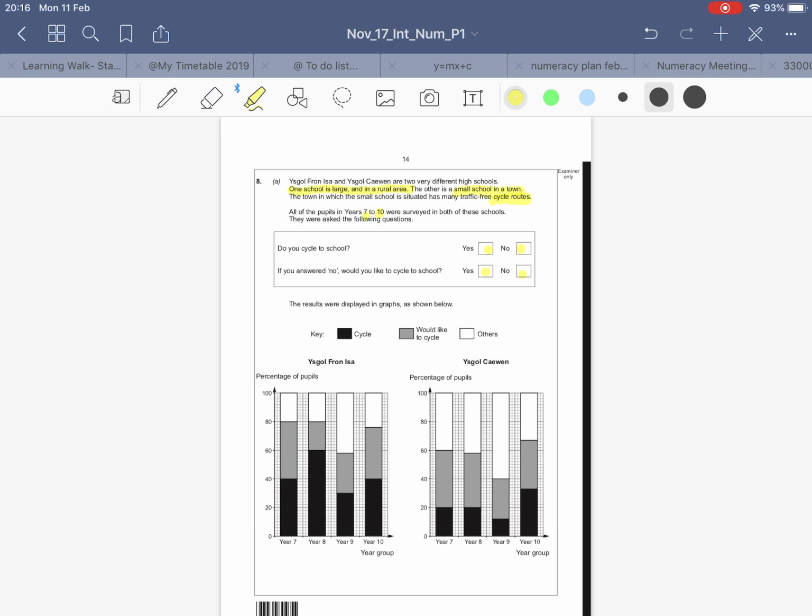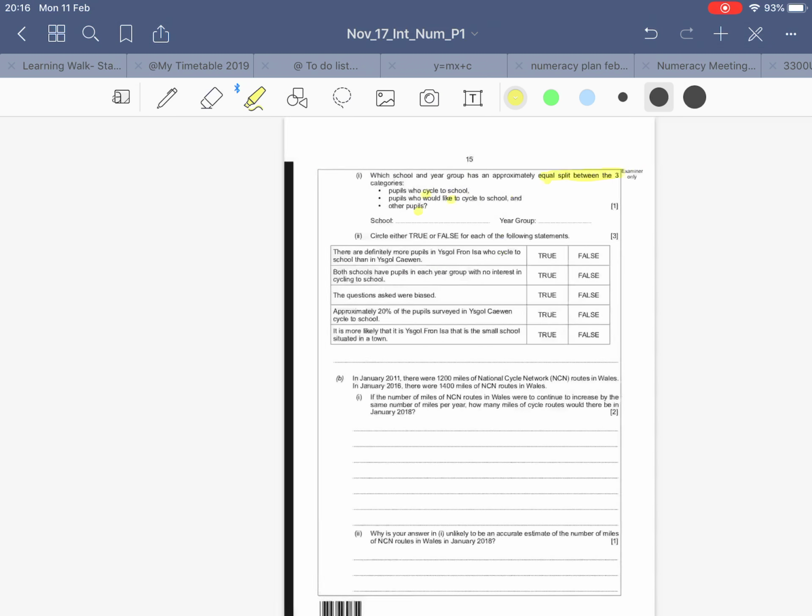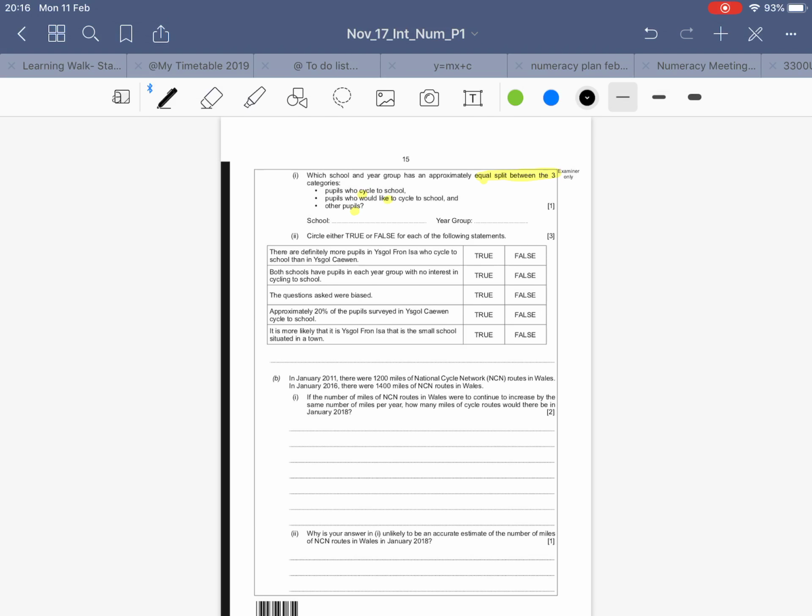Well, I can see that out of all of the bars broken into the 3 portions, the one that appears to be equally split would be this bar here, highlighted in yellow, and that would be year 10 in Ysgol Cynwen. So school, Ysgol Cynwen, and year group, year 10.